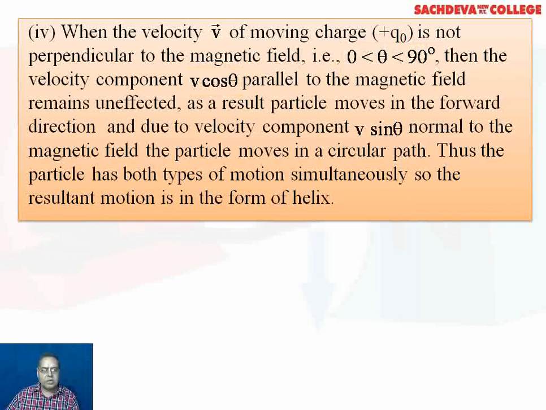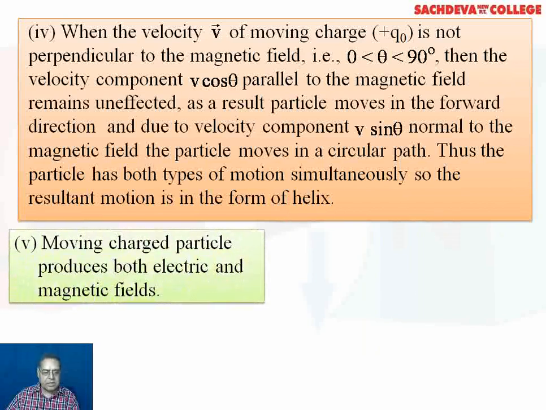As a result, the particle moves in the forward direction, and due to the velocity component v sine theta normal to the magnetic field, the particle moves in a circular path. Thus, the particle has both types of motion simultaneously, so the resultant motion is in the form of a helix.